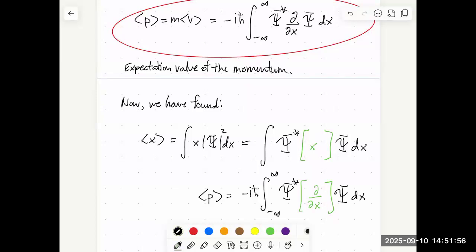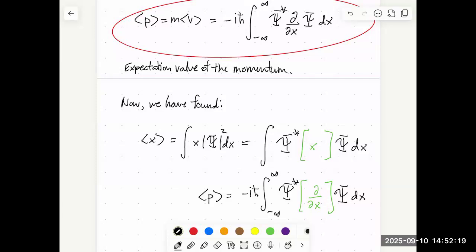This time, however, I can't just arbitrarily move this thing around. It's a derivative. It's acting on this phi. I can't just rearrange these terms. I can do it for this one because this is just multiplying by x. In quantum mechanics, what we find is that expectation values are always of this form.